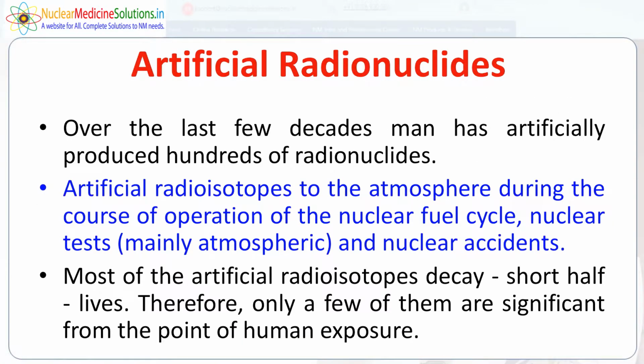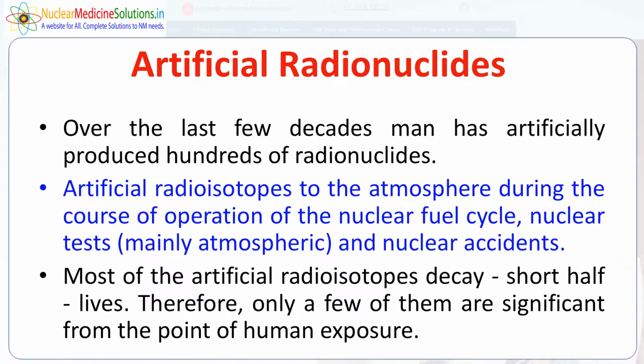Now, artificial radionuclides. We all know, we have read in the literature, in our books, there are two different kinds of radionuclides. One is natural, one is artificial, man-made. Over the last few decades, man has artificially produced hundreds of radionuclides for various purposes: in medicine, for industry, for research, for agriculture.